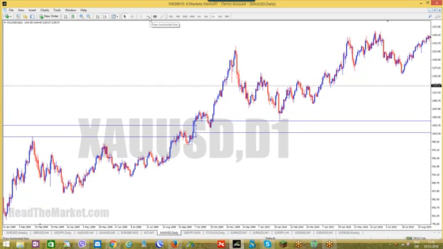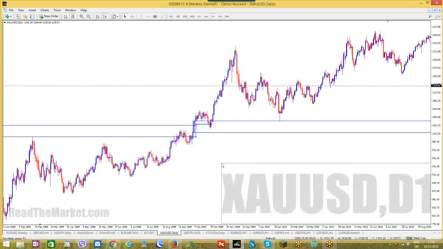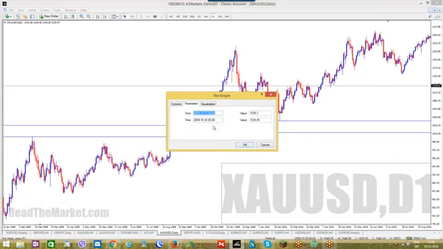We can have this over here, and we can bring that to the bottom of that candle there. Rectangle properties, and we can bring it across.